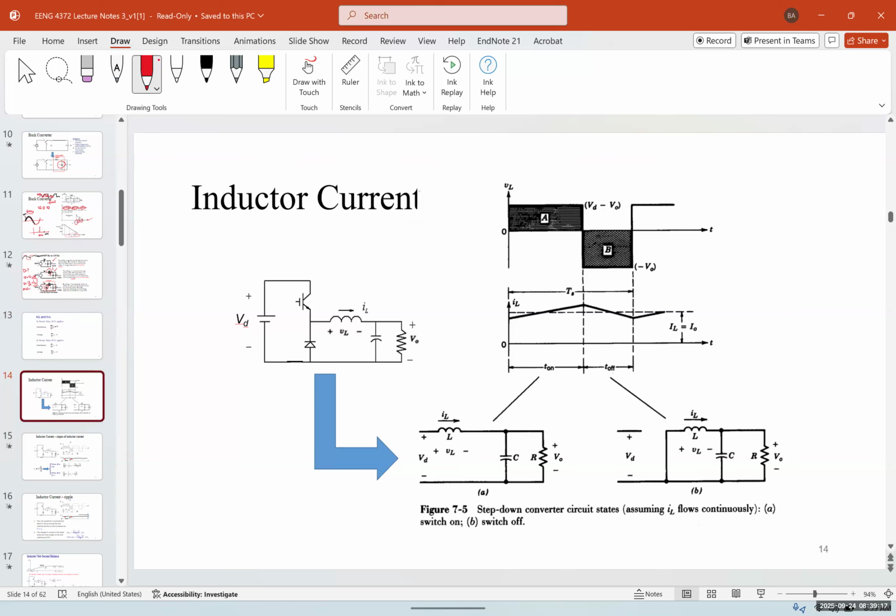Now for the inductor current, this is an example of a switch with the inductor capacitor low pass filter. I'm going to call it the LPF. And the diode, which acts like a freewheeling system. This graph over here shows us the voltage. The second graph shows us the current.